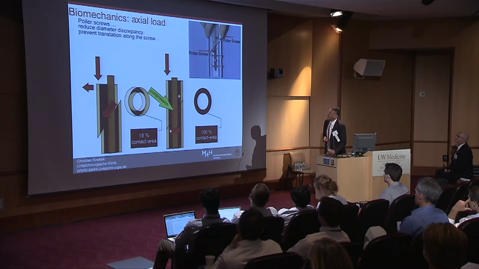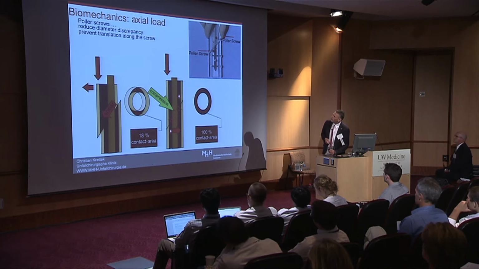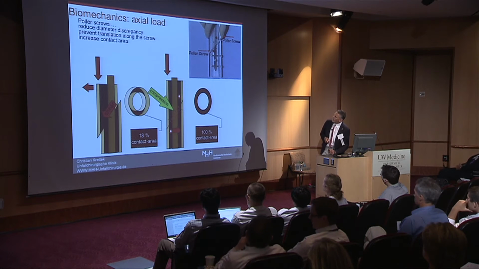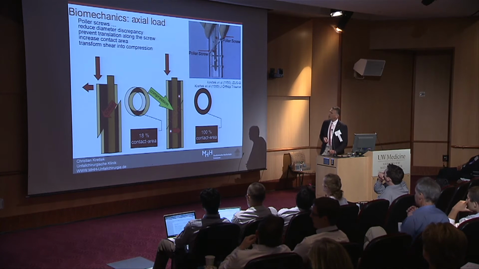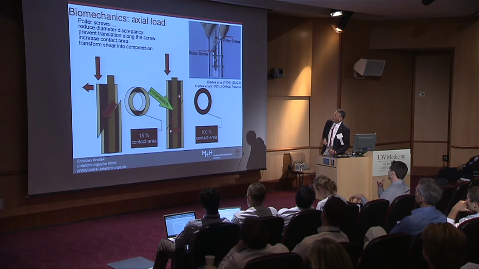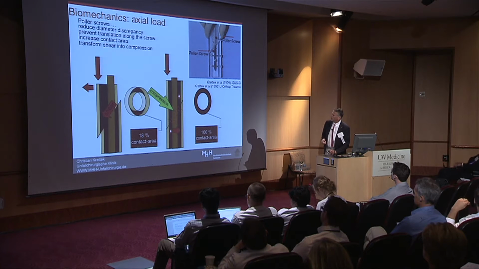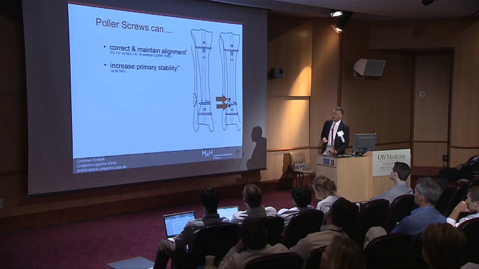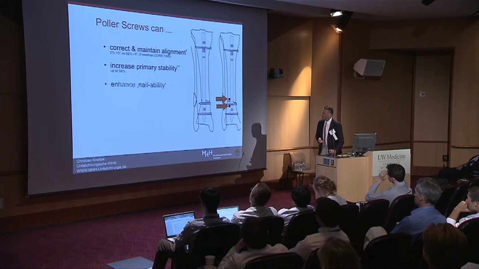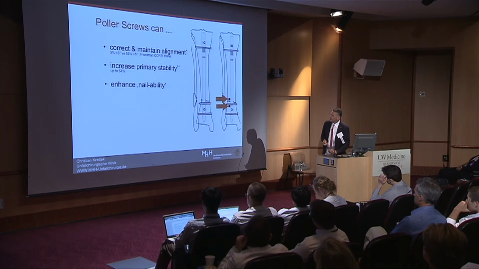Polar screws therefore can reduce diameter discrepancy, they prevent translation along the screws, they increase the contact areas, they transform a bad shear into good compression, and we have proven this in biomechanical experiments as well as in clinical papers. We can correct and maintain alignment, we increase the primary stability significantly, and we enhance the nailability.